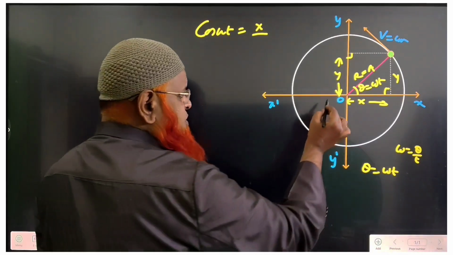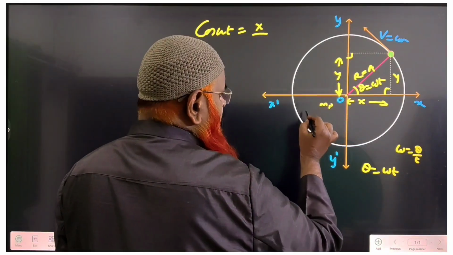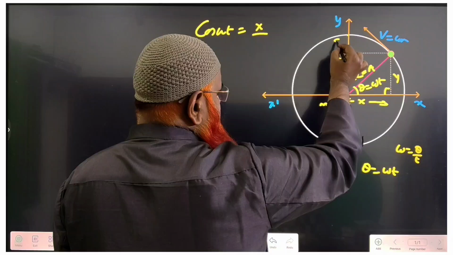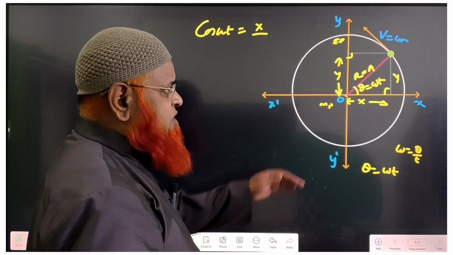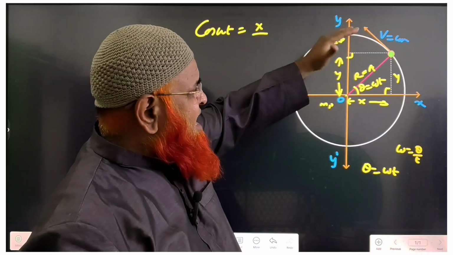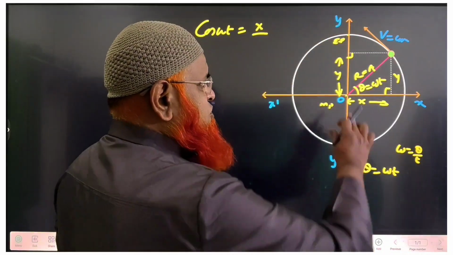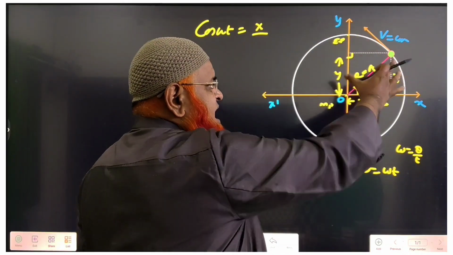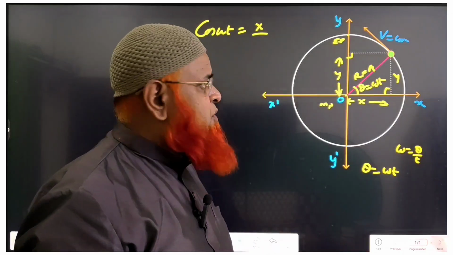Why is it amplitude here? This is going to be the mean position and this is going to be an extreme position. So from mean position to extreme position, if displacement slowly increases, it is going to become an amplitude. So therefore, this can be taken as radius and it is also going to be an amplitude here.